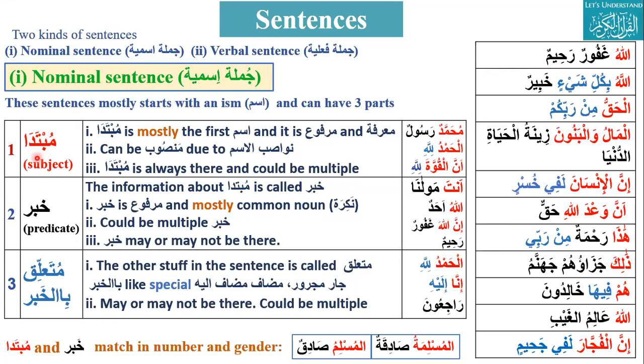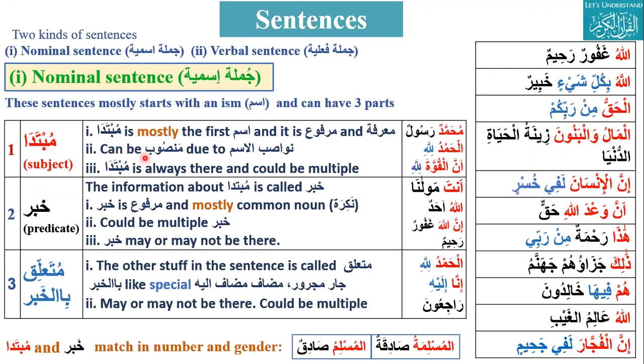So this is the nominal sentence. It can have three parts: mubtada, khabar, and muta'alliq bil khabar. The mubtada is mostly the very first ism in a sentence, and it is mostly marfu and ma'rifa. It can be nakira also, but there could be some special reasons for that.